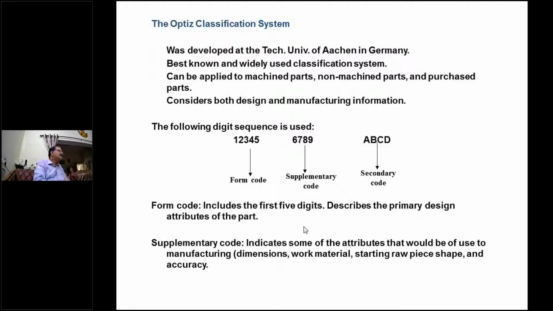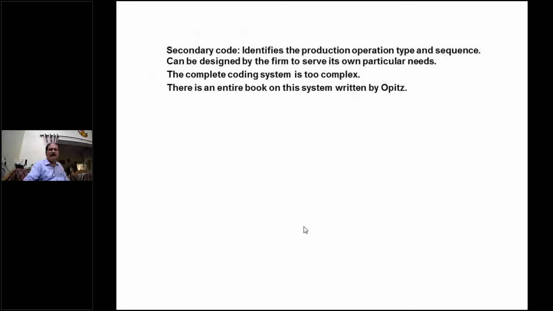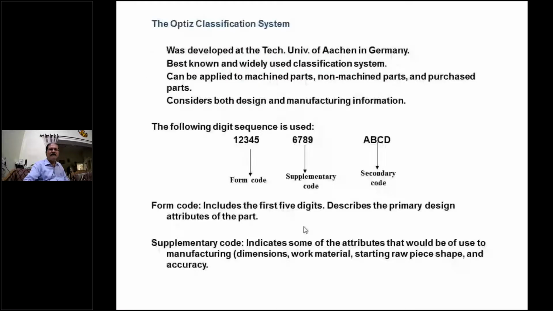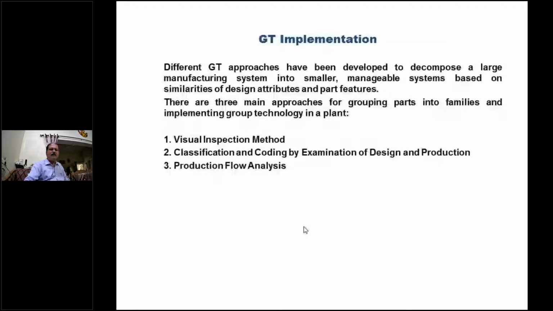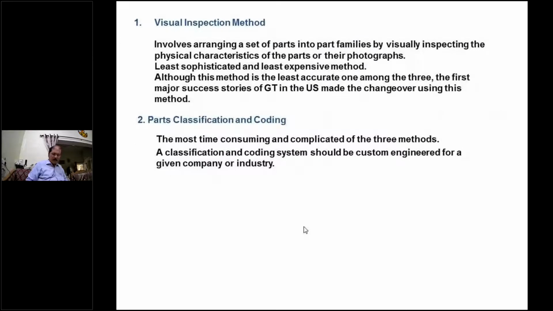So we find a set of parts, or part family, and arrange the machines to manufacture that part family. That will give rise to a machine cell. To do this, we have three types of methods to get the group technology.